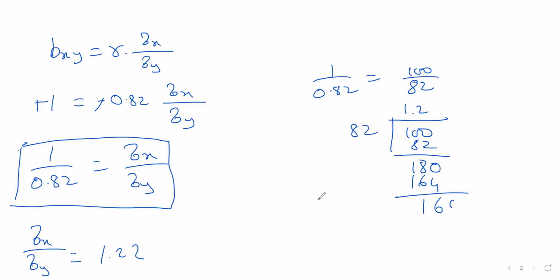So 180 minus 164 is 16. And again put a 0. 82 nines are 738. So it is 1.219, approximately 1.22 we can write down.